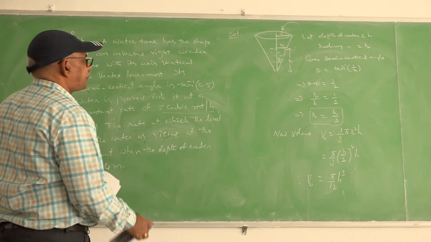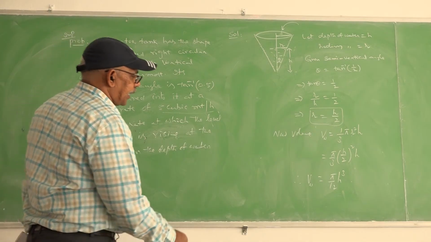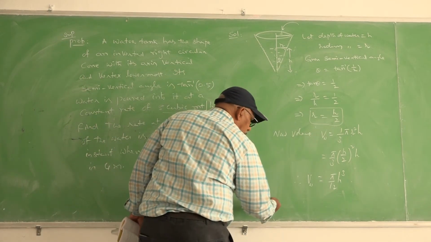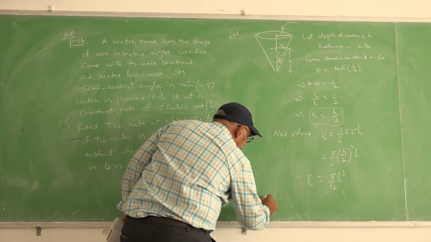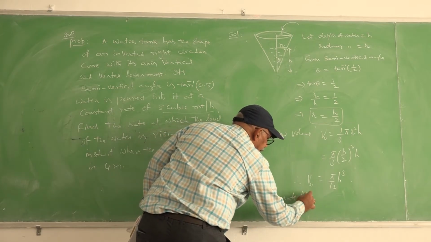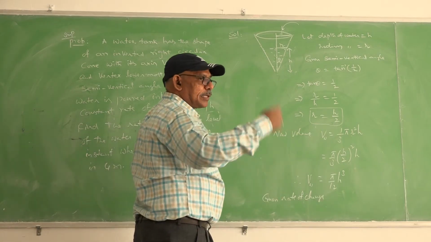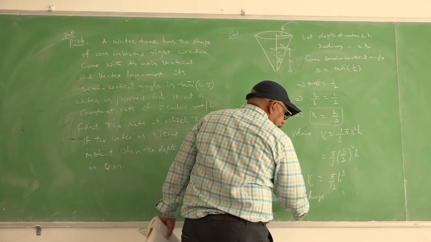Now given dV by dt, the rate of change of the volume of the water. Because the water is pouring, the volume is increasing.